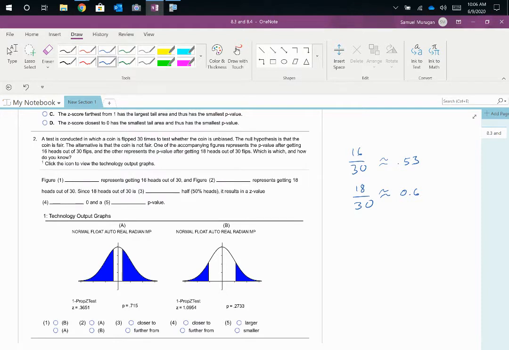Okay? In other words, the first graph represents 16 out of 30 heads, and the second graph represents 18 out of 30 heads. Since 18 out of 30 heads is farther away, you can see where the tails are farther away, so farther from half.